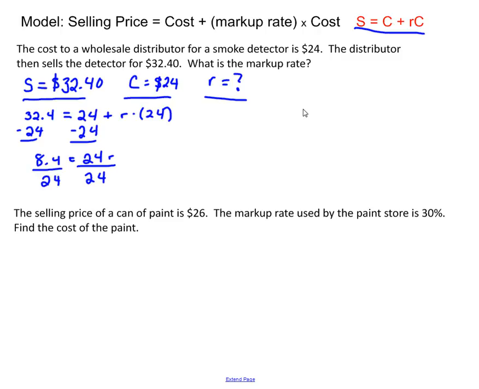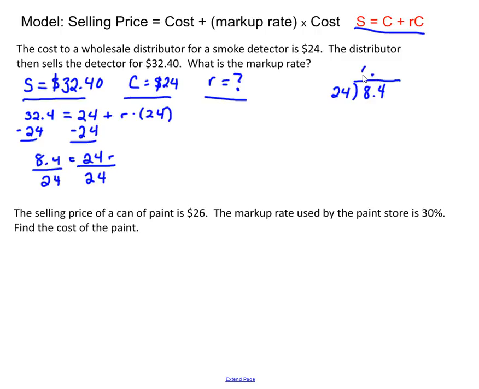So now we're going to have to do a little bit of division, so I'll bring it over here and we'll do it by hand. Since we're not using calculators in the class, you're going to want to be able to know how to do this. So let's see, 8.4. Okay, so we're going to have to make sure that we bring up the decimal right here, and let's find out, is there any whole number that we can multiply by 24 to get 8.4?